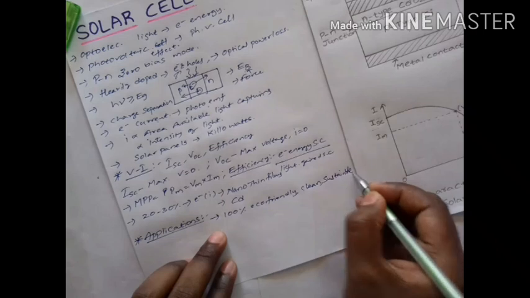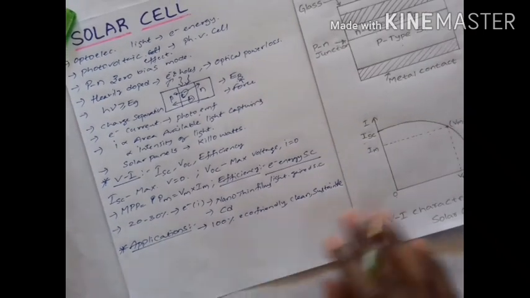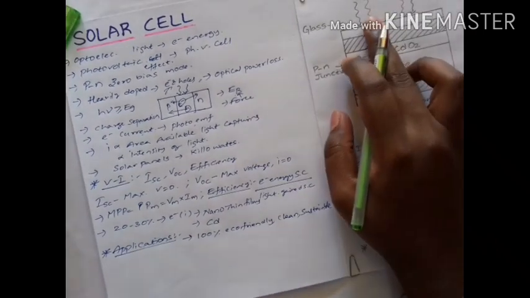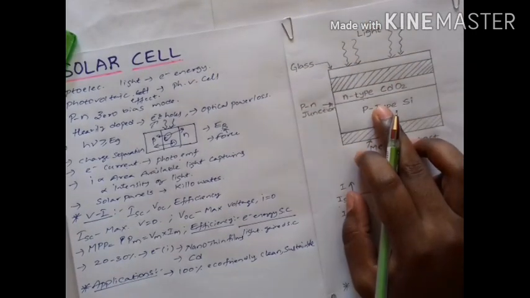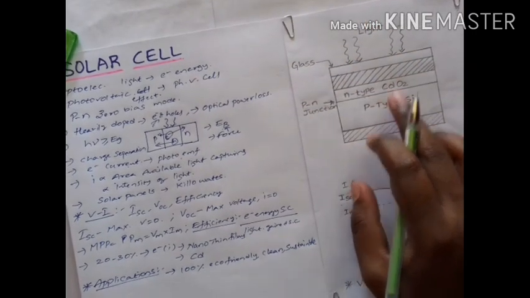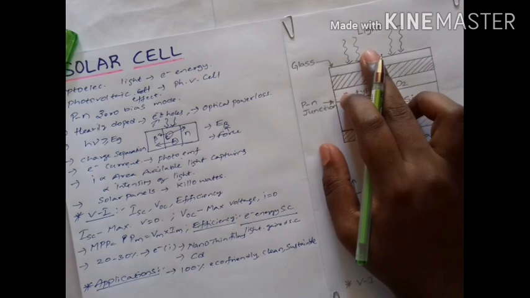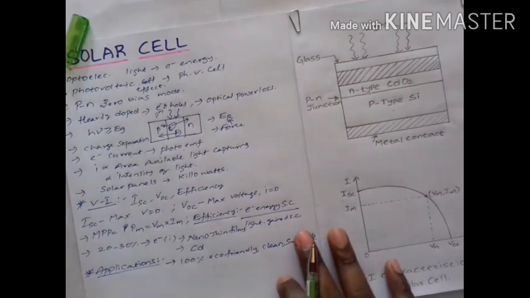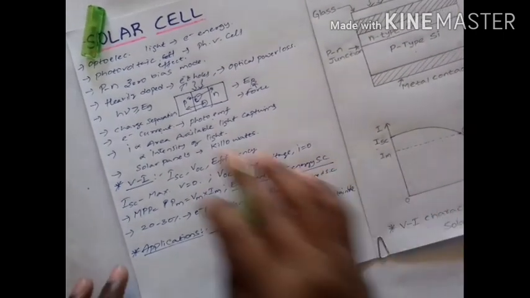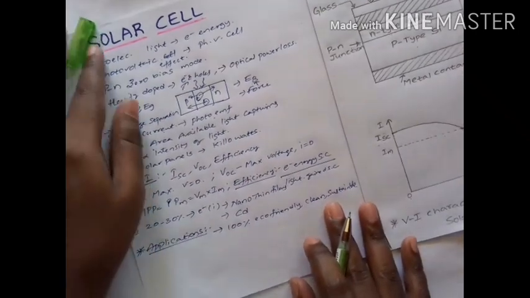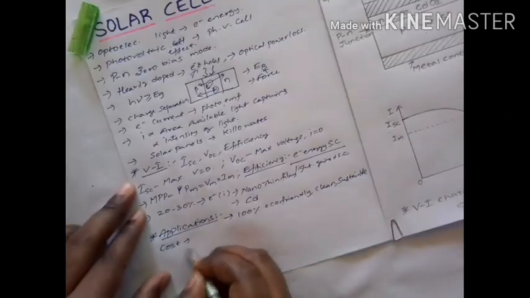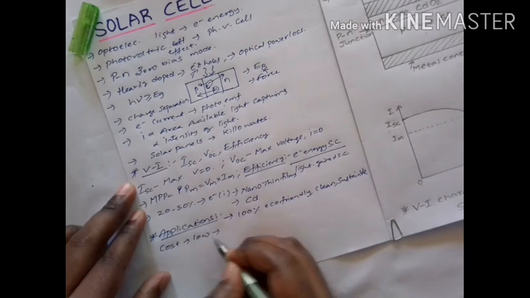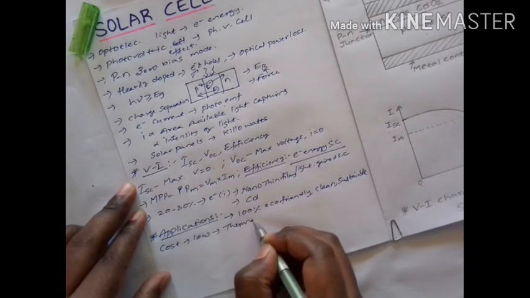Because the raw materials which we use in the solar cells are light, and semiconductors. Both the semiconductor materials and light, that is sunlight, are abundant in nature, so the raw material is very cheap, and nowadays the cost of solar generated power has become very low when compared with thermal and hydel powers.